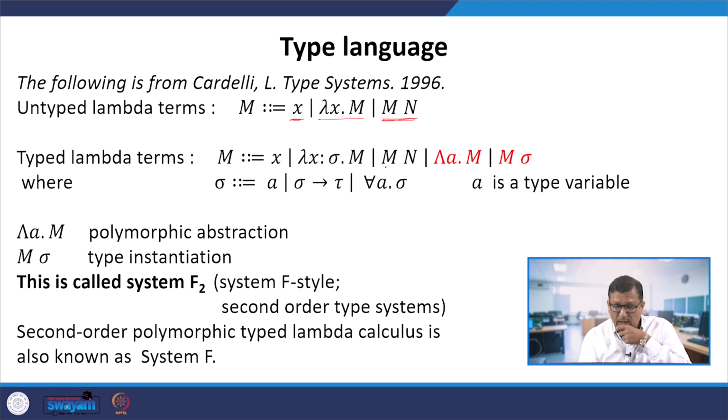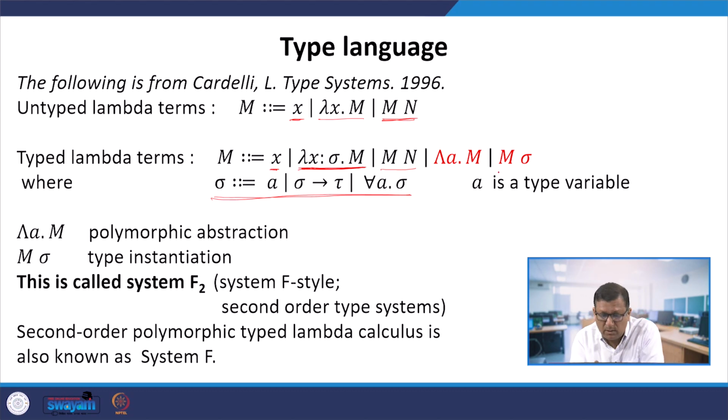This is abstraction as before, this is variable as before. Now we are saying X has a type annotation in this abstraction, the type annotation is sigma, and sigma is coming from this type language. So you can have different sentences of this sigma, and we are going to give it as a type.